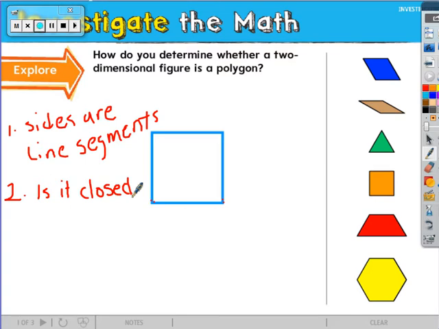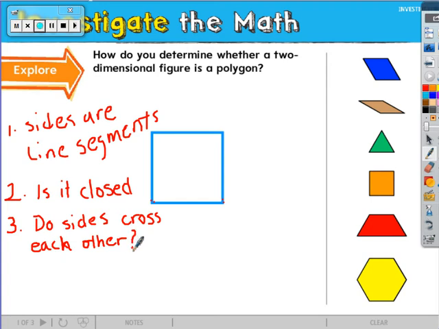Our third criteria: do the sides intersect or cross each other? So these are the 3 questions that you ask yourself.